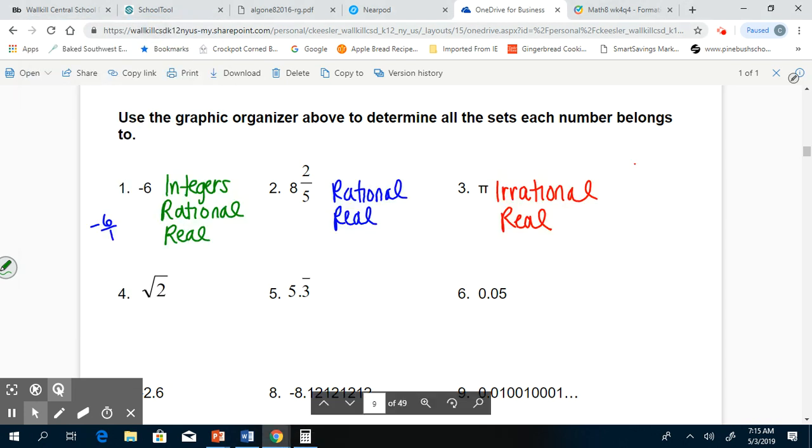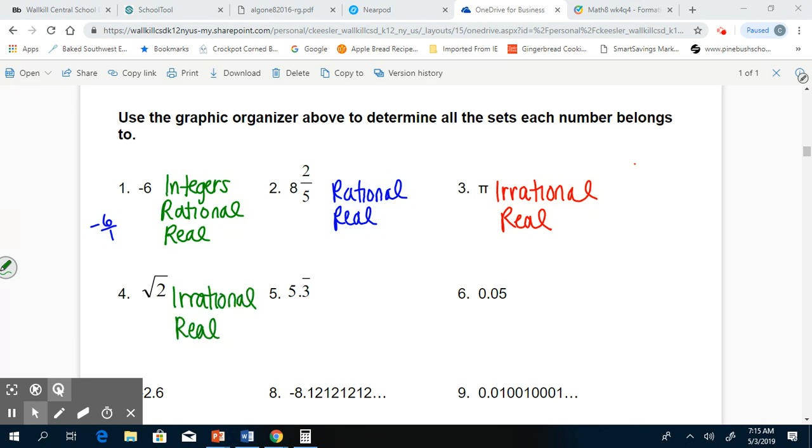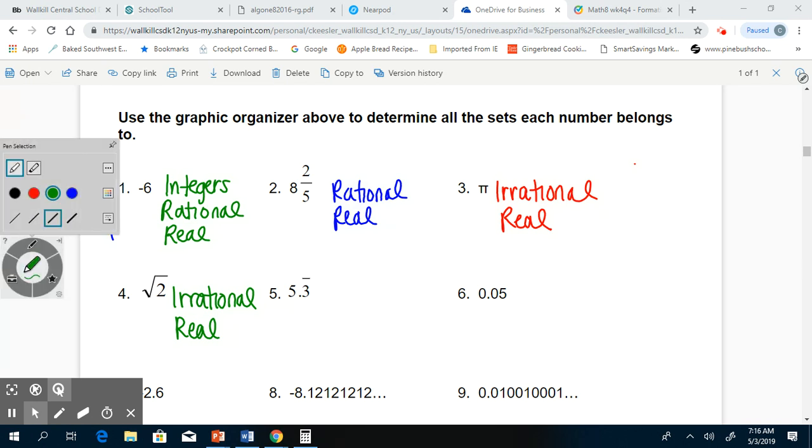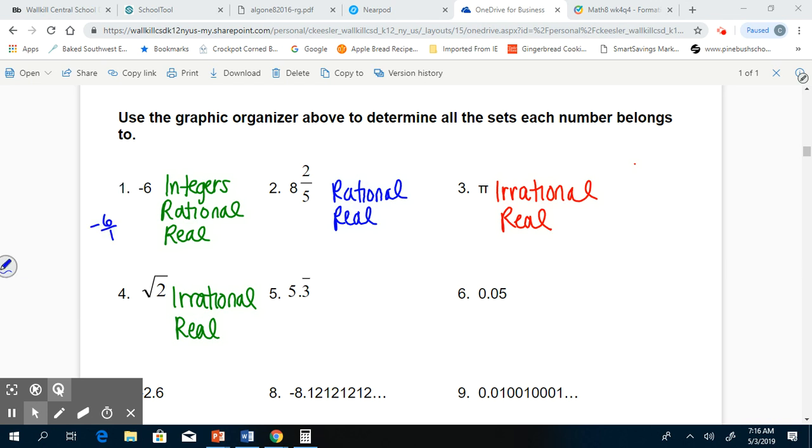Therefore, it is irrational, but also real. Next one, 5.3 repeating. 5.3 repeating repeats, therefore it's going to be rational and real. So whenever you see something repeating, think rational, R with R.